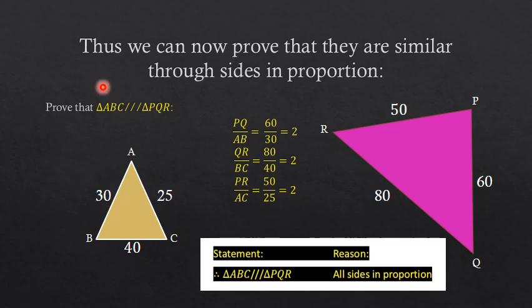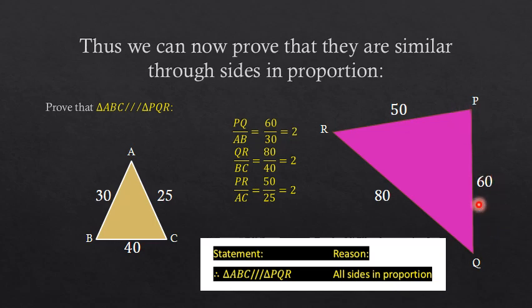So if you start PQ over AB is equal to the middle and last, QR over BC must be the same as PR over AC. And then all you do is replace the lengths into the triangle sides that you've written up.